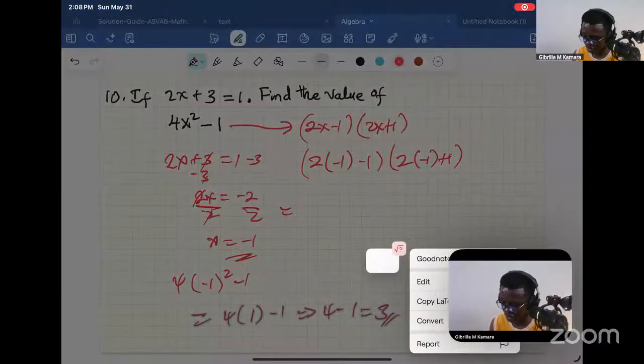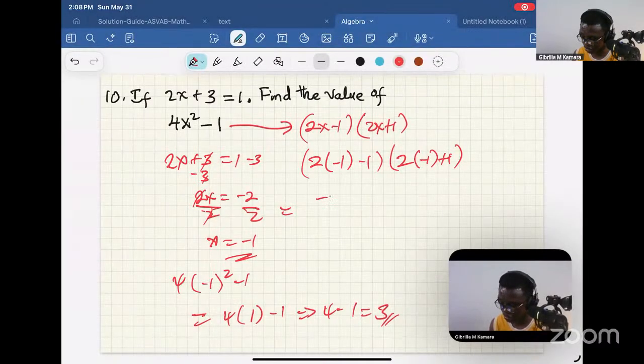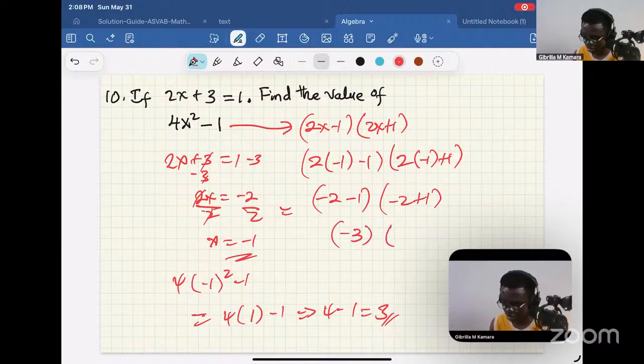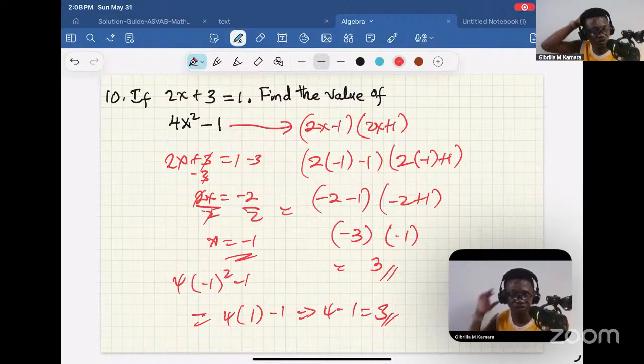So this gives you, this is minus 2, minus 1. Then this is minus 2 plus 1, minus 3 into minus 1. So your answer, minus times minus is plus, just becomes 3 again. Okay? So that gives you the same answer, whatever method you use.